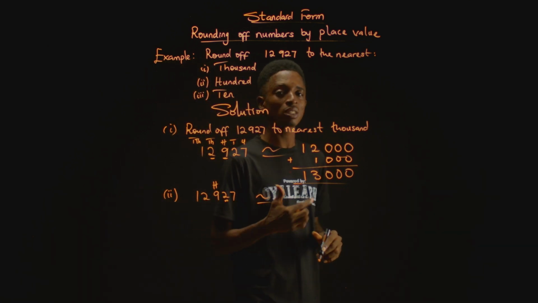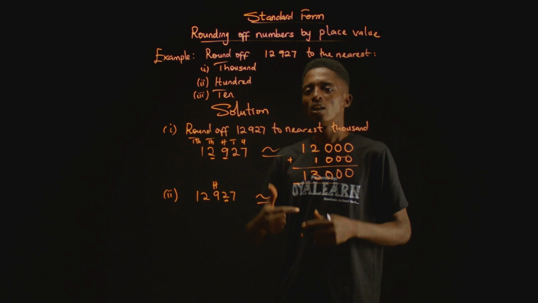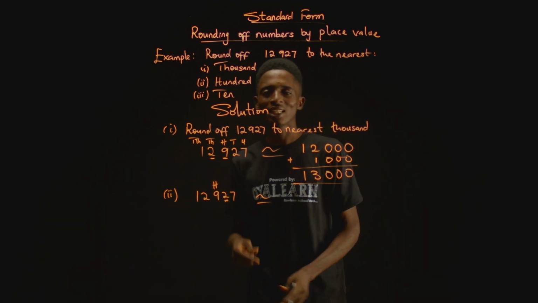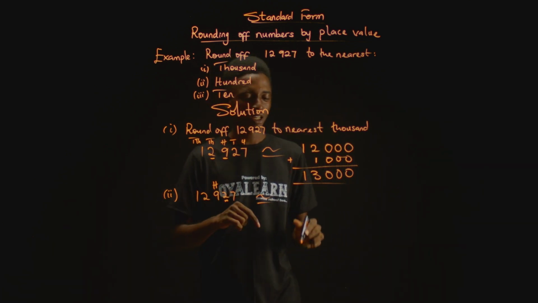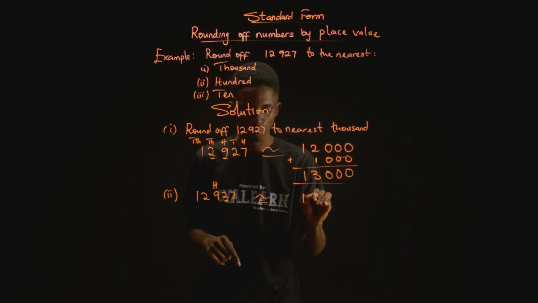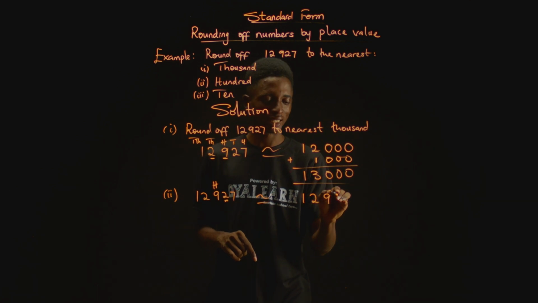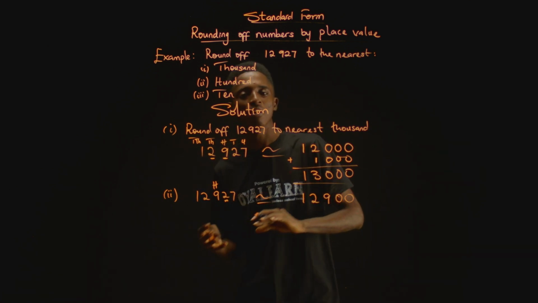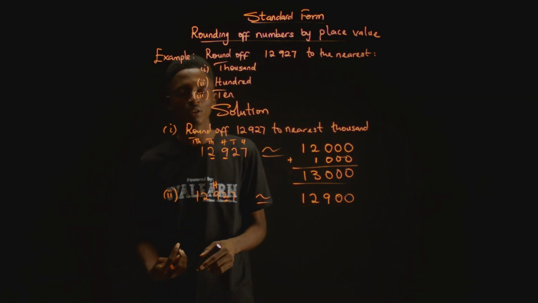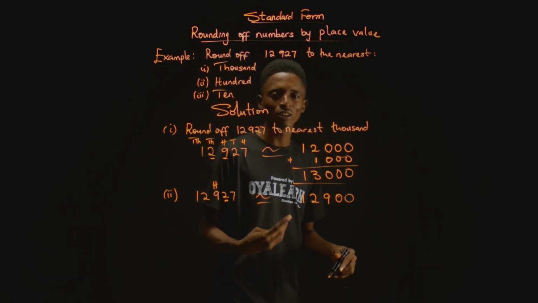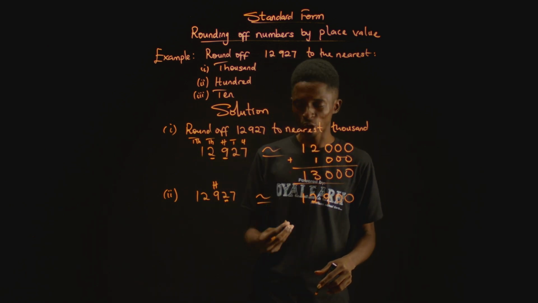Now, 2 lies between 0 to 4. So what do we do here? We round down. That is, every other digit becomes 0 after digit 9. So what we will then have is 12,900 because we are rounding down. Therefore, 12,927 is 12,900 to the nearest 100.